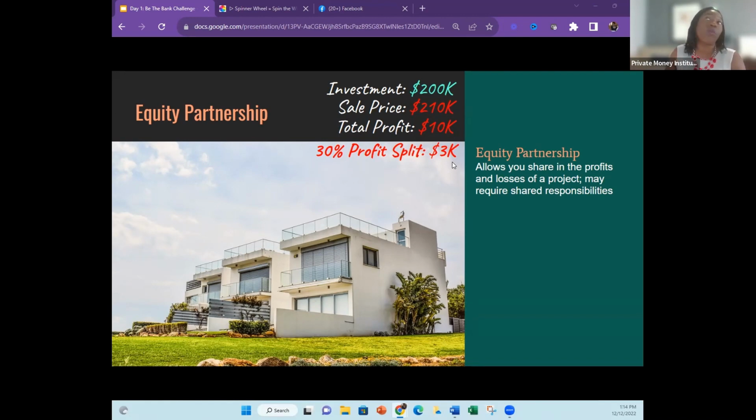I would have been way better off just giving them a loan and possibly foreclosing if things got out of control. In this example, we're actually okay because we still made money, but I have seen situations where people are walking out of these equity partnership deals in the red. Negative.